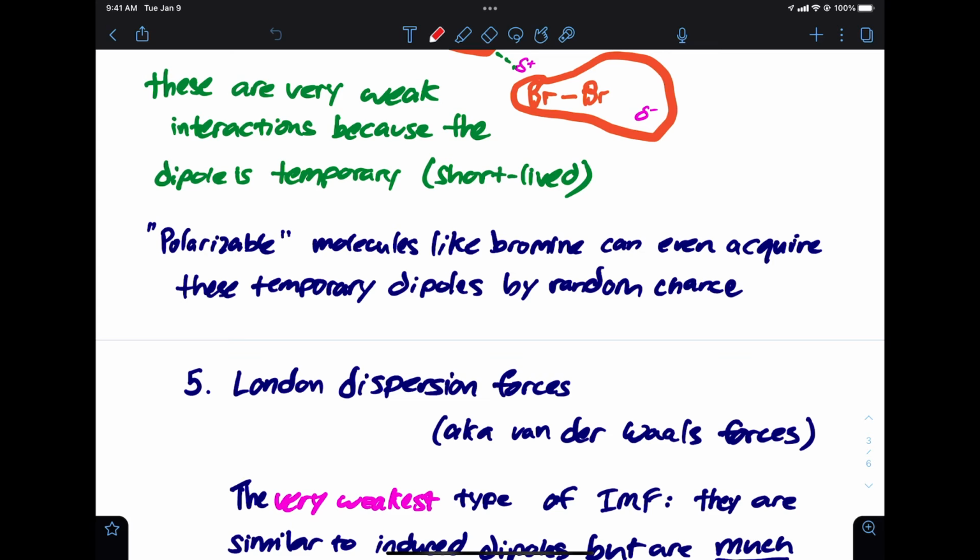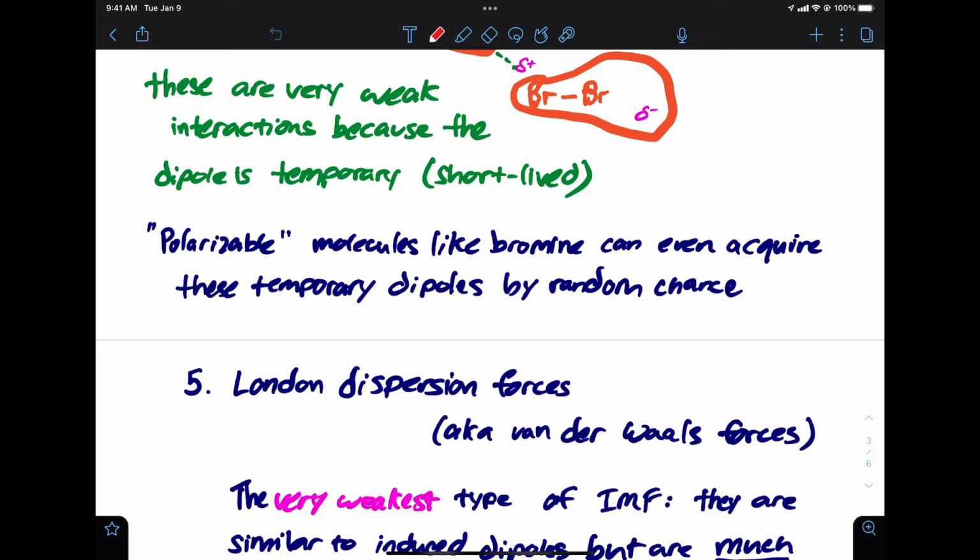Okay, and then I have a last note that polarizable molecules like bromine can even acquire these temporary dipoles by random chance. There doesn't have to be, let's say, a cation in solution like I drew before. Certainly that would do it, but just the random movement of electrons in the bromine shell, at one instant you might have a little bit of a dipole.